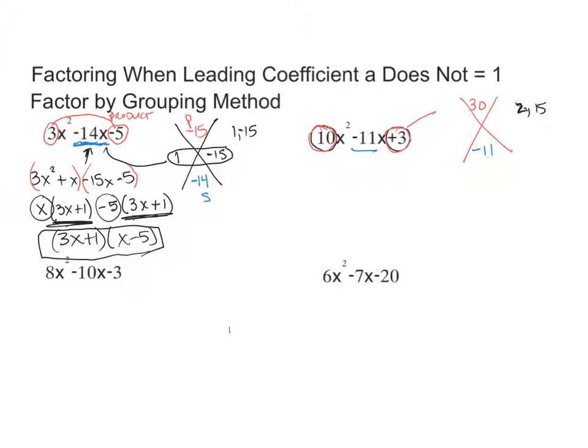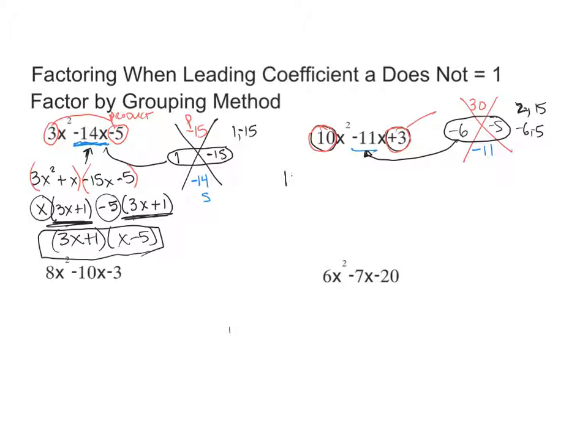How about 6 and 5? Well, if I made these both negative, I can multiply negative 6 and negative 5 to get a product of 30. And I can add negative 6 and negative 5 to get a sum of the negative 11. So that is what this negative 11 is going to be replaced with.